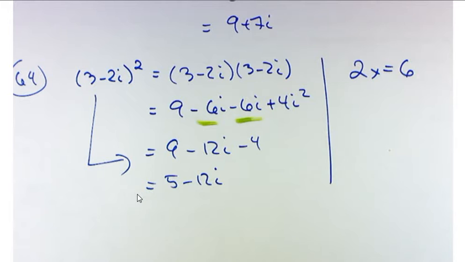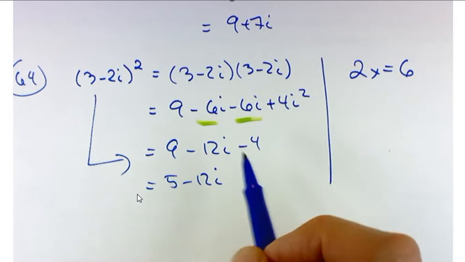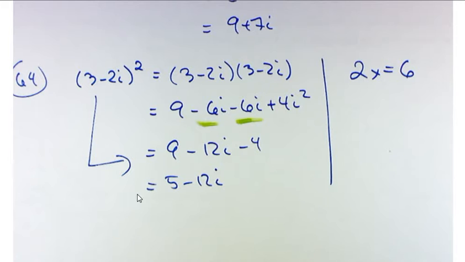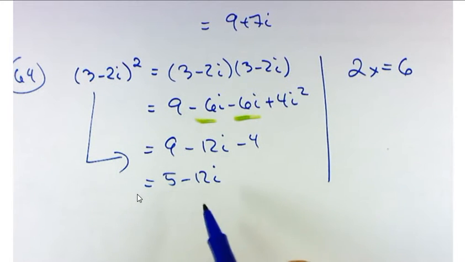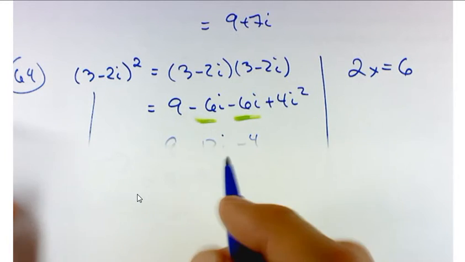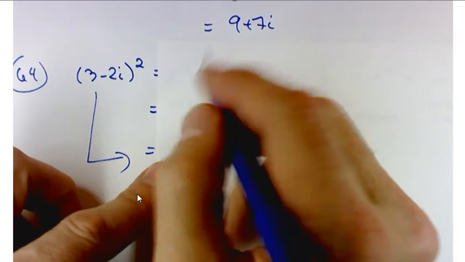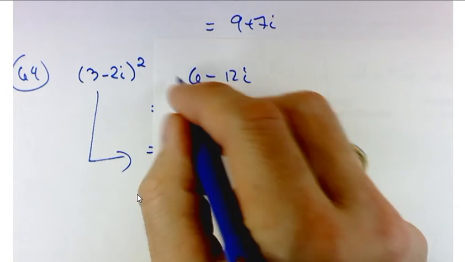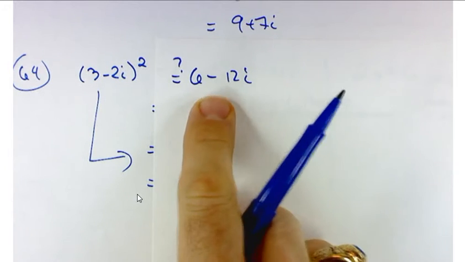But it's good for you, too, because if you make a simple mistake, maybe you subtract these wrong. If you wrote a 6 here instead of a 5, then I can look and say, oh, well, they just made a simple mistake, and take off a point. But if there's no work, and all I see is 6 minus 12i, I have no idea how you got that.